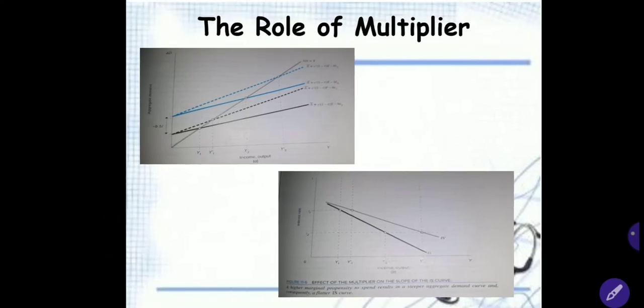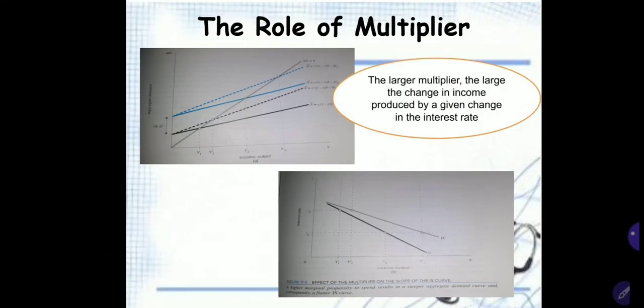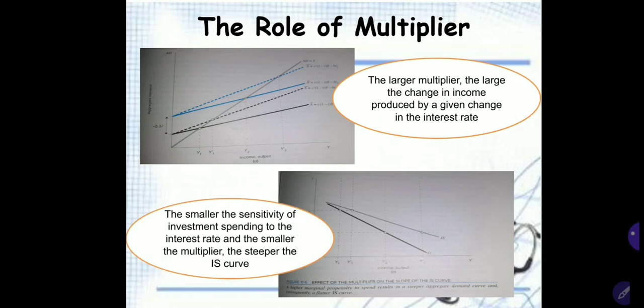These two figures conclude that the larger the multiplier, the larger the change in income produced by a given change in the interest rate, and the smaller the sensitivity of investment spending to the interest rate and the smaller the multiplier, the steeper the IS curve will be.